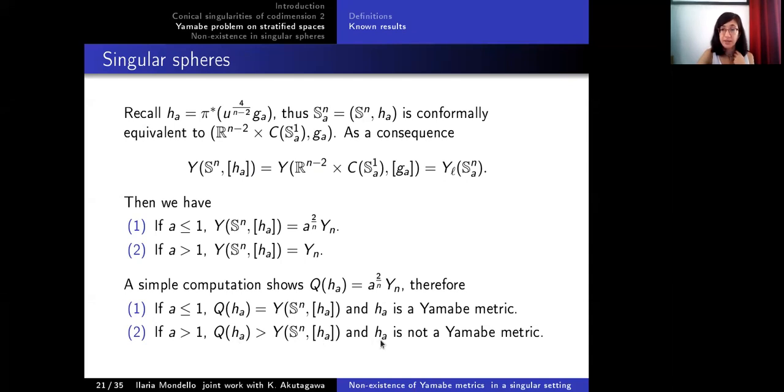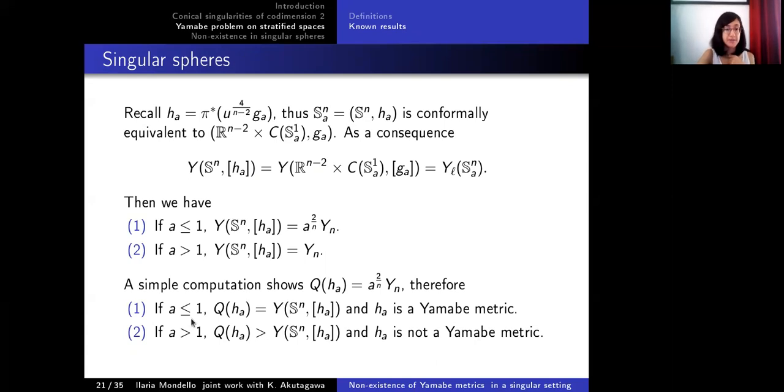So Ha is Einstein, but it is not a Yamabe metric. And this gives us the guess that when A is bigger than 1, there are no Yamabe metrics. Even if this is Einstein, it is not Yamabe, so there might not be any Yamabe metric.